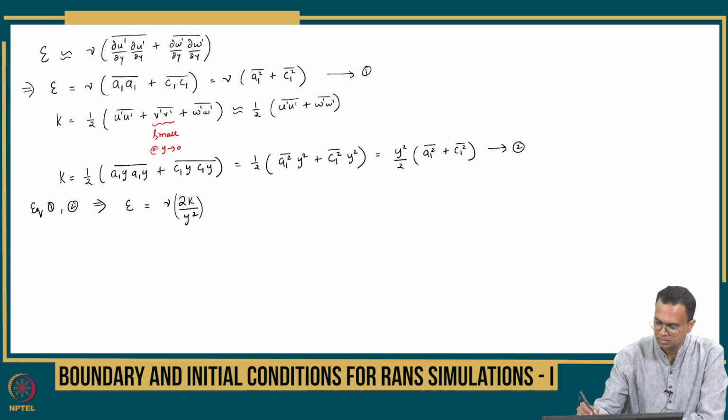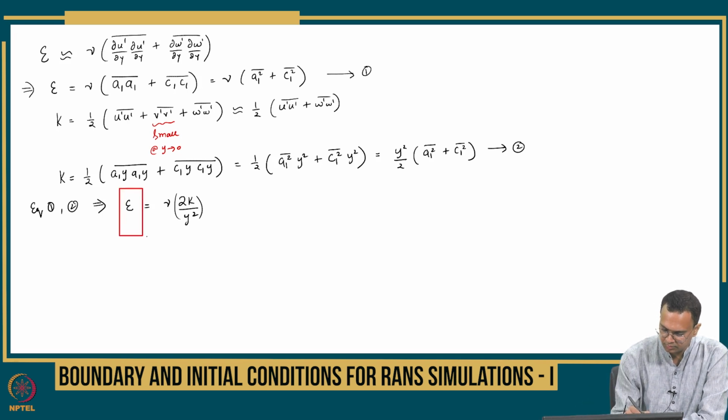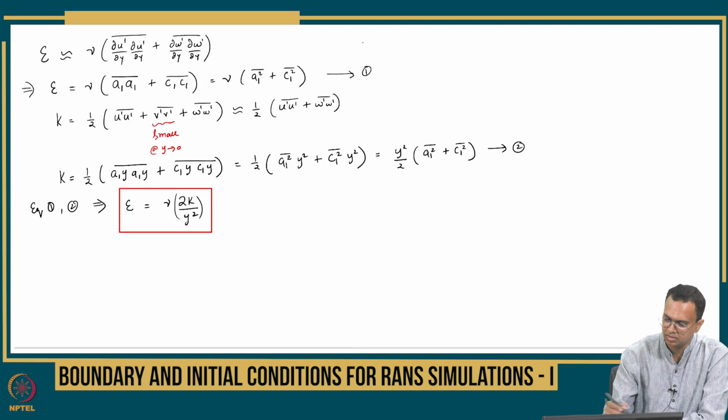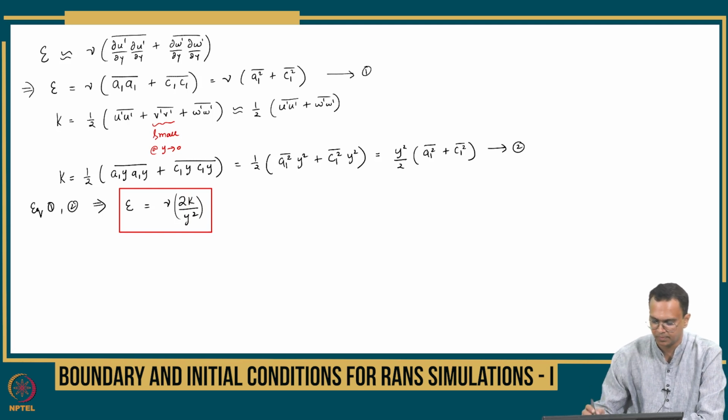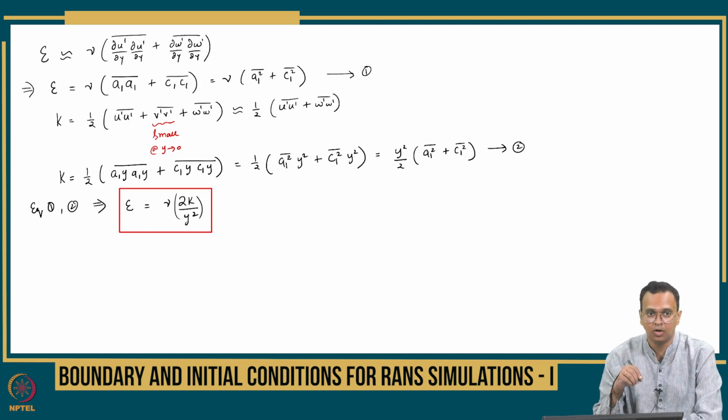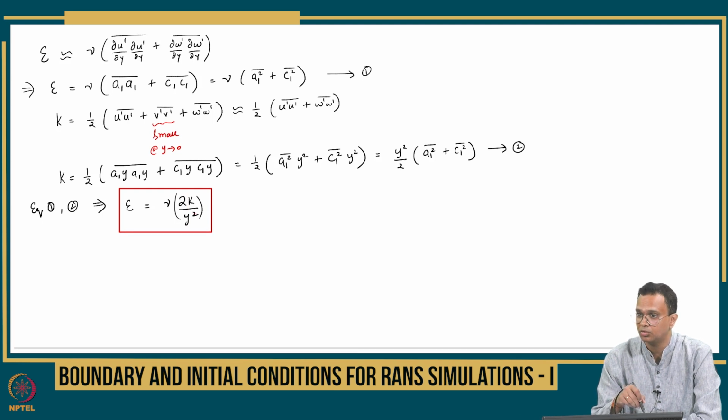Okay. So you have your boundary condition for the wall, but if you implement it on the wall node, then k is 0. So you should not implement this on the wall.